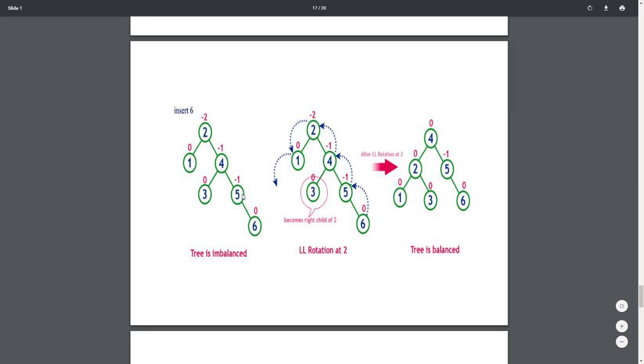Again 1 as it is, and 5 and 6 as they are, right of 5 and right of 4. Now what about 3? 3 is left of 4, but there is already 2 there. Now it is arranged by the rules of a binary search tree. So 3 is less than 4, so it comes left. 3 is greater than 2, so it comes right, inserted at right of 2.